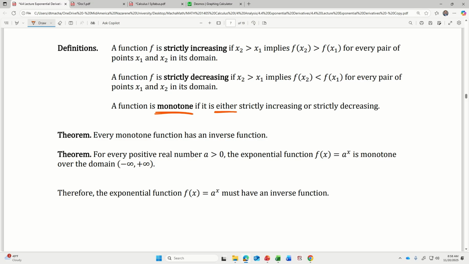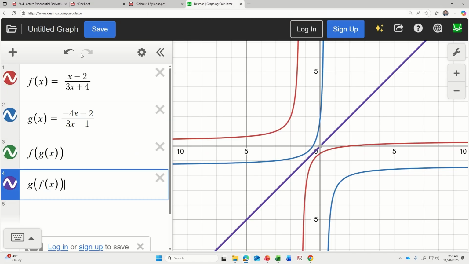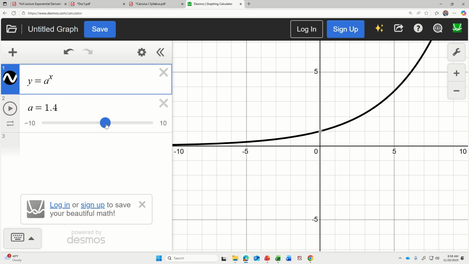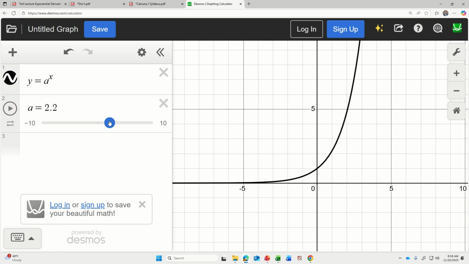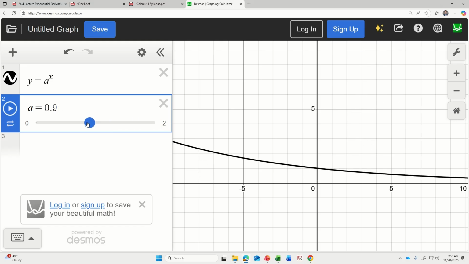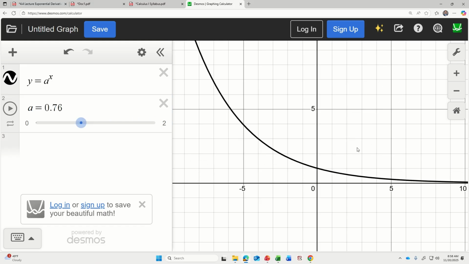And for every positive real number base, the exponential function is monotone. In other words, this exponential function is going to be strictly increasing if a is greater than 1. And if a is between 0 and 1, then the exponential function is strictly decreasing.